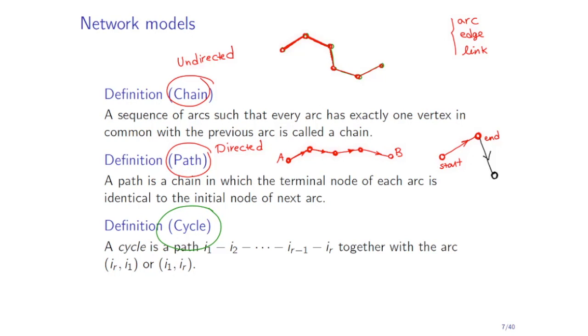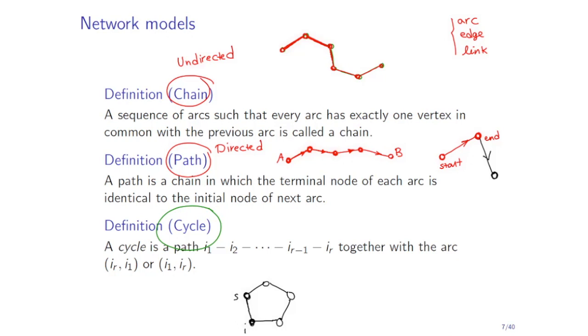Okay, so this is a chain, and if it happens that this chain has another edge which connects this vertex I to the start vertex, then I will have a cycle.